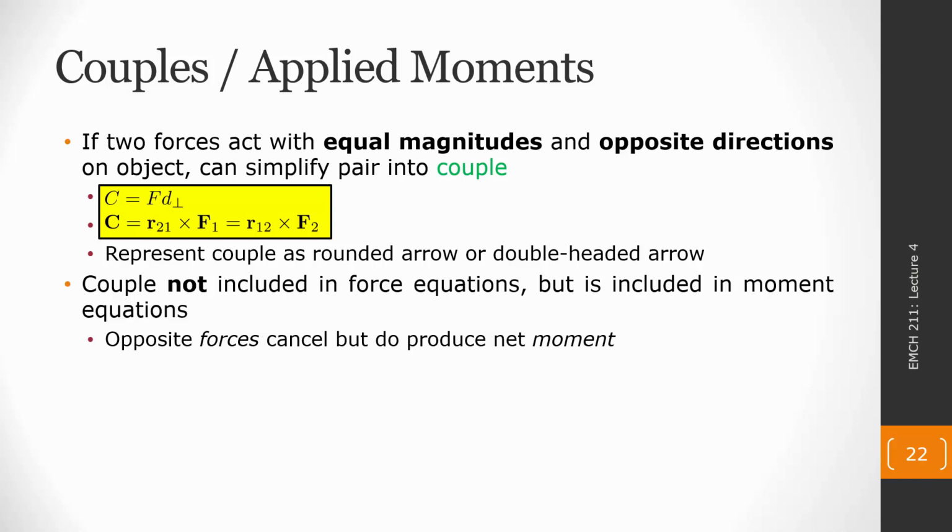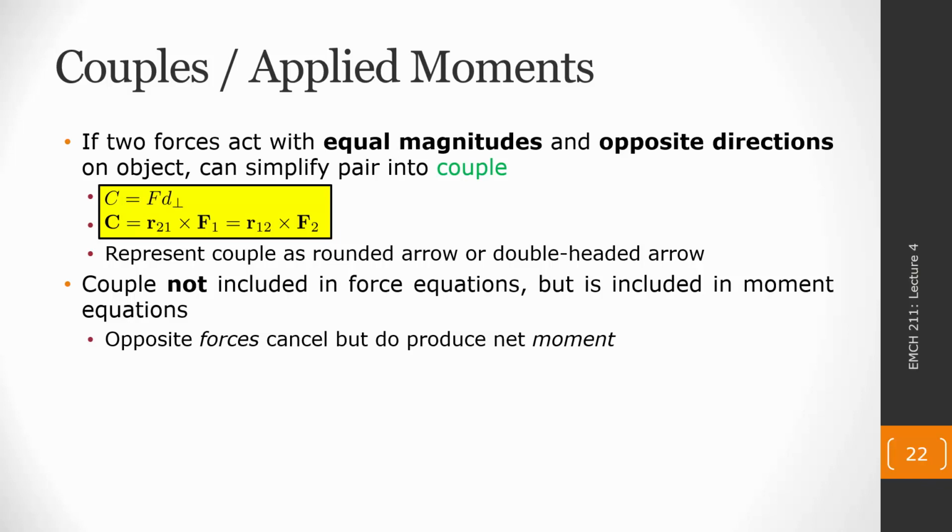And this is related to a couple is already a moment. We are never going to be multiplying the couple by a distance. However, the forces do get multiplied by a distance because that is the moment produced by the force. The couple already has this built in, so the couple value directly will go into our moment equation. Again, we'll have to be aware of should it be a positive or a negative contribution around the point in question.